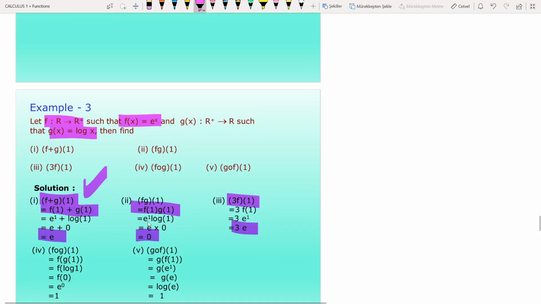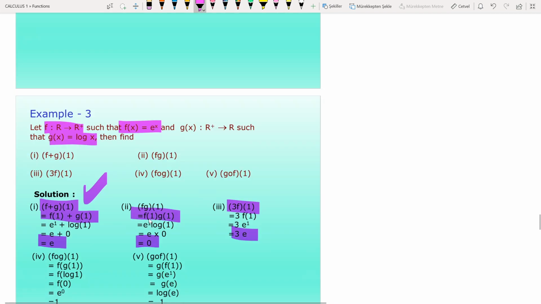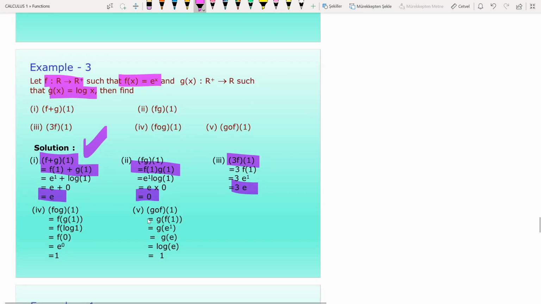And f composition g of 1 means f of g of 1. First you find g(1) from here. g(1) is logarithm 1. Then f of logarithm 1 means you plug the number logarithm 1 into the function f, then you have e to the power 0.